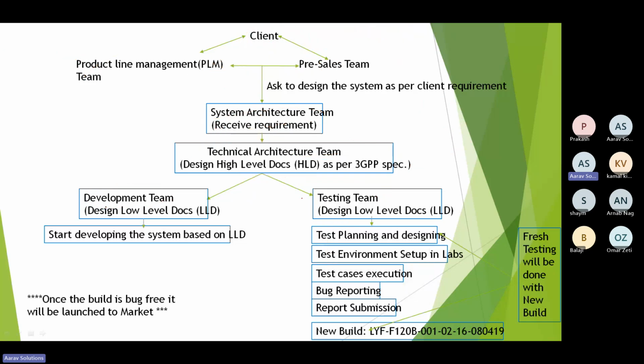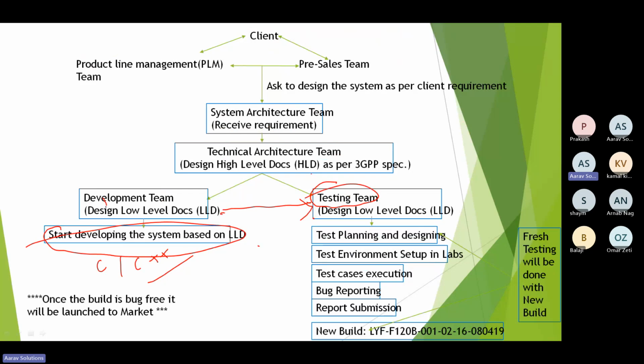Now the development team is responsible for development of code. Maybe they will use C++, Golang, whatever language they prefer. Now what is our responsibility? As the testing team, we want to test whatever the development team is developing.